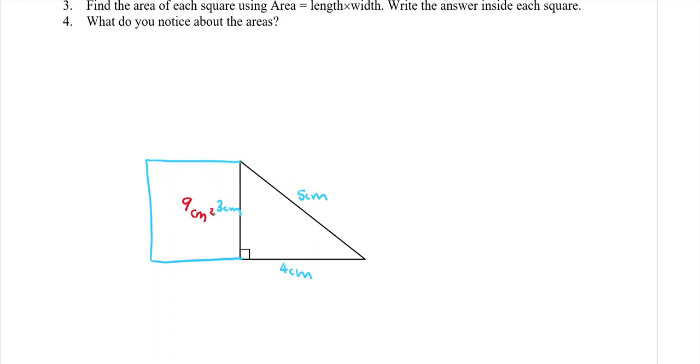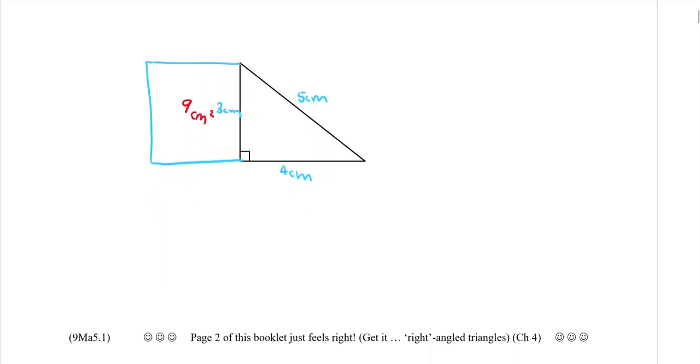All right, let's do that on the other sides. If I do a square for the 4, so it's a bigger square, what's 4 times 4? Do we need the calculators? 16, so this one's 16 centimetres squared. And the last one, which is a bit of a tricky one to draw because it's a slopey square.